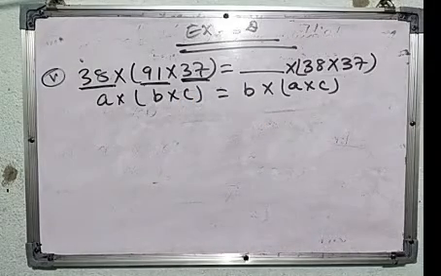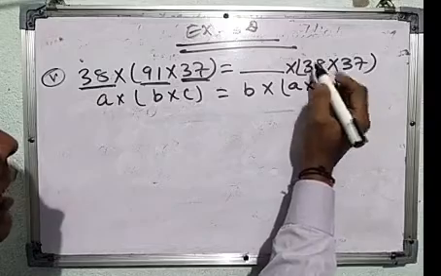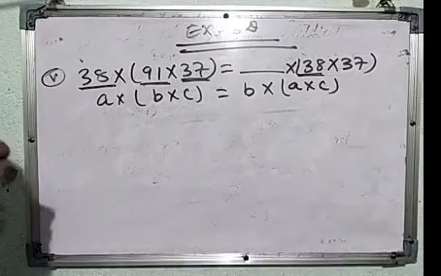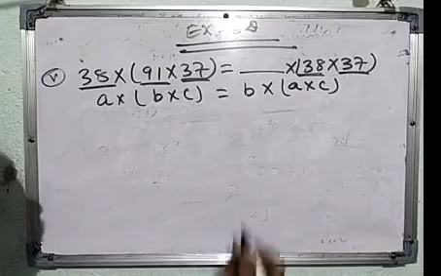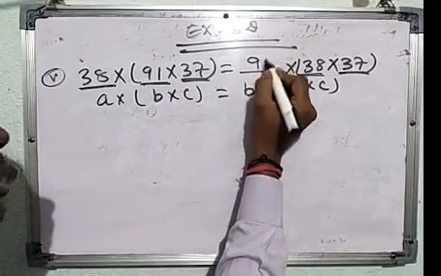In the right side, given value of A equal to 38, value of C equal to 37. So you write the value of B. So your value of B equal to 91.